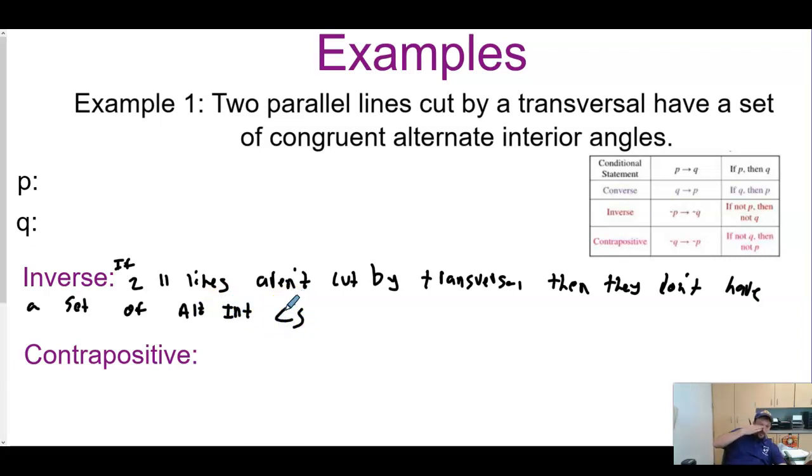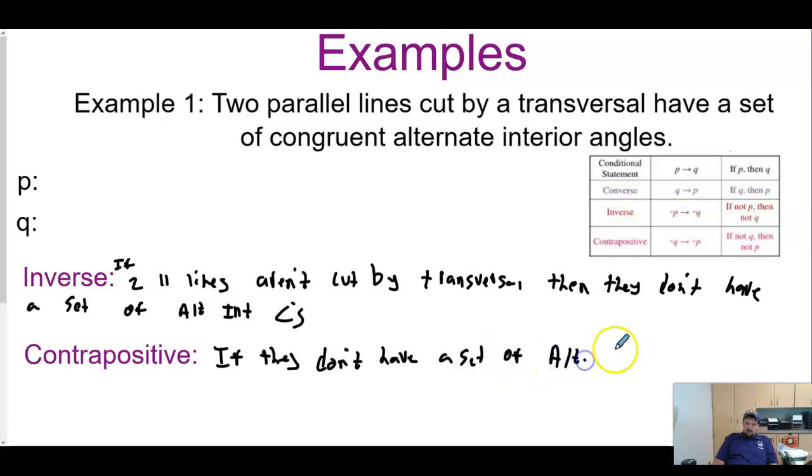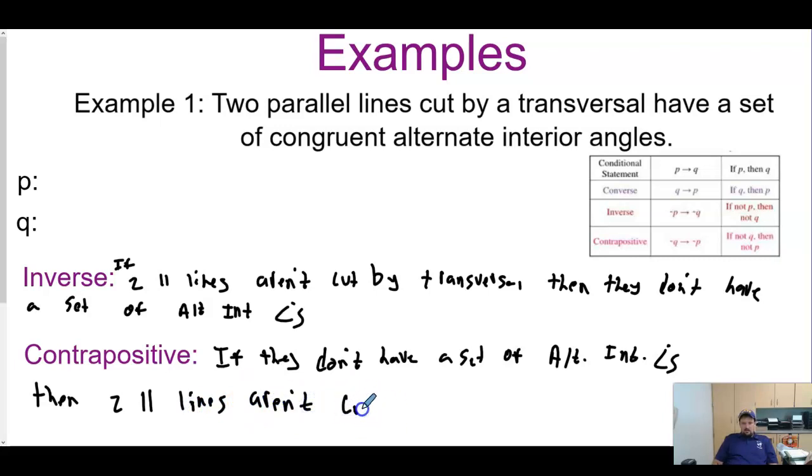And then the contrapositive, remember, we're just negating the converse. If they don't have a set of alternate interior angles, then two parallel, that's the sign for parallel, lines aren't cut by a transversal.